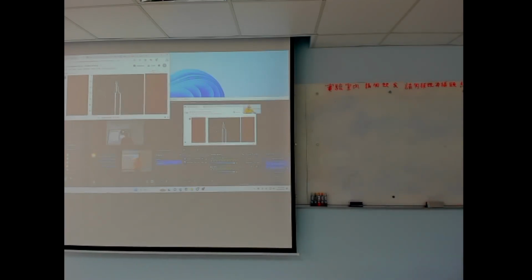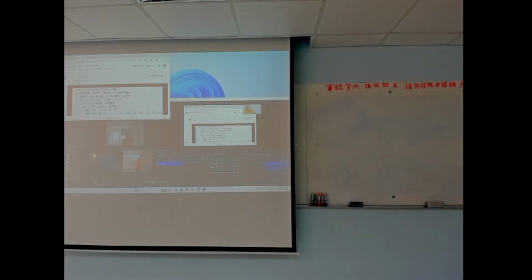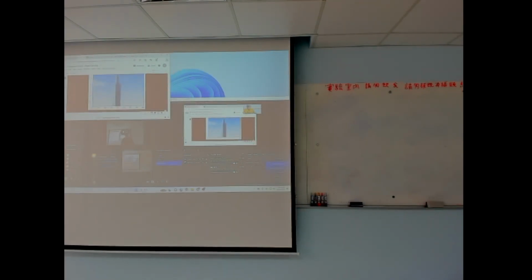We can see this edge here is the most prominent edge, and then this one here against the sky is not so prominent. You can have a look.